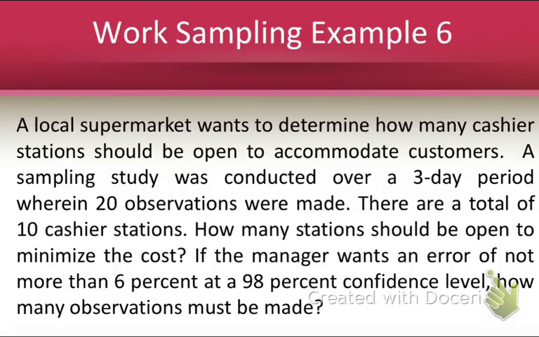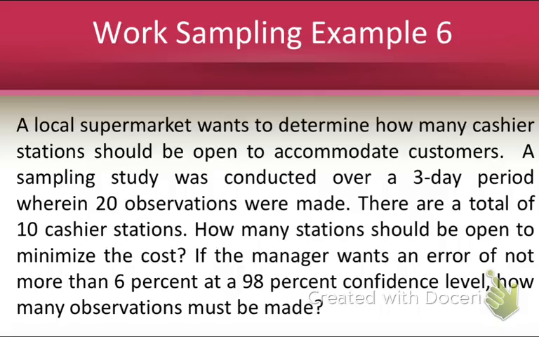Okay, so for the last example, number 6, a local supermarket wants to determine how many cashier stations should be open to accommodate customers. A sampling study was conducted over a 3-day period wherein 20 observations were made. There are a total of 10 cashier stations. How many stations should be open to minimize the cost?